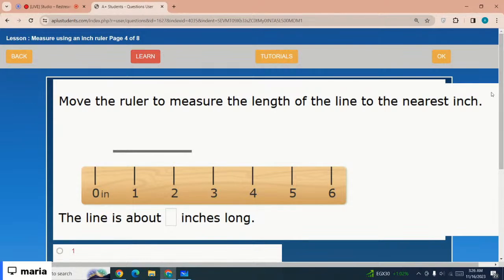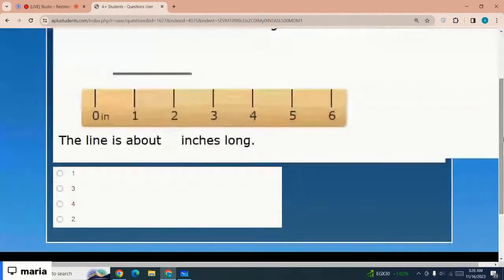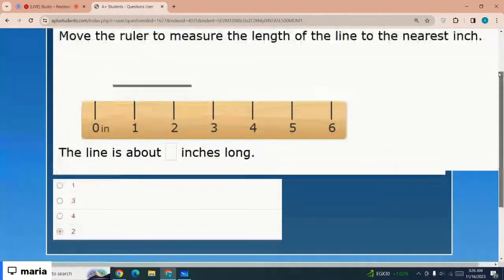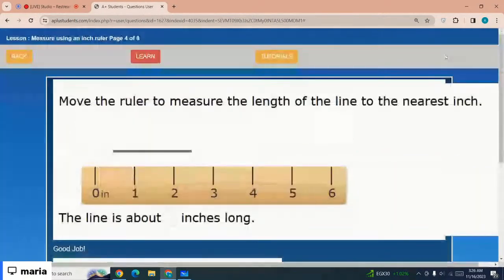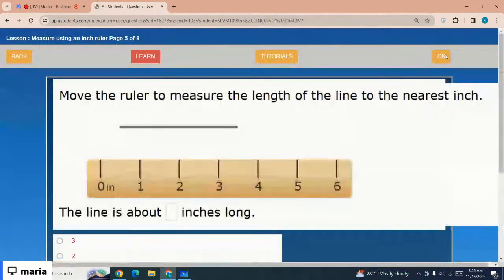Yes, this one is 2 inches long. Okay, move the ruler to measure the length of the line to the nearest inch.